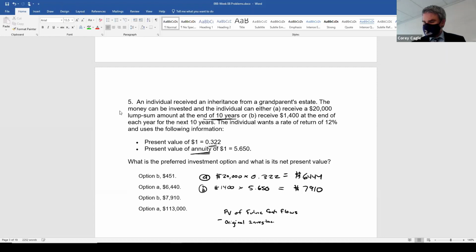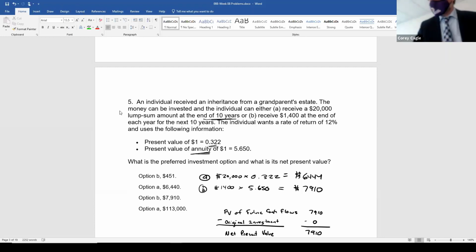There's nothing invested in this, so it's the cash flow minus 0, right? So that's our net present value. They were just giving us this, so we didn't invest anything. All right, higher is better.